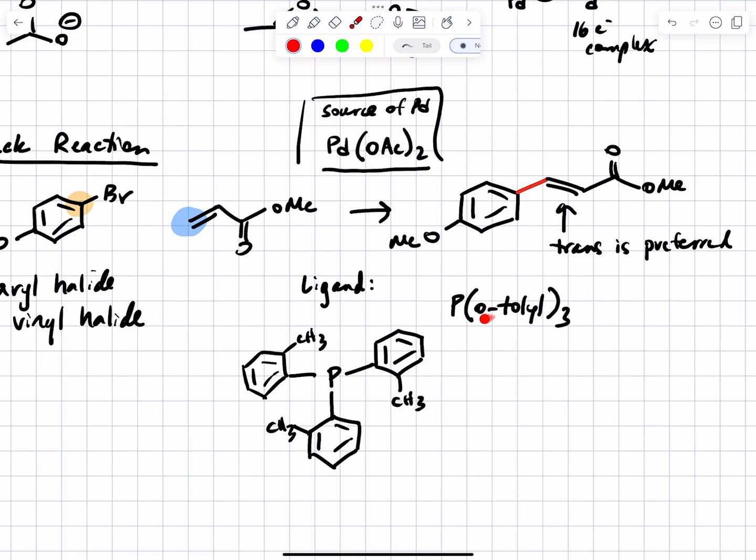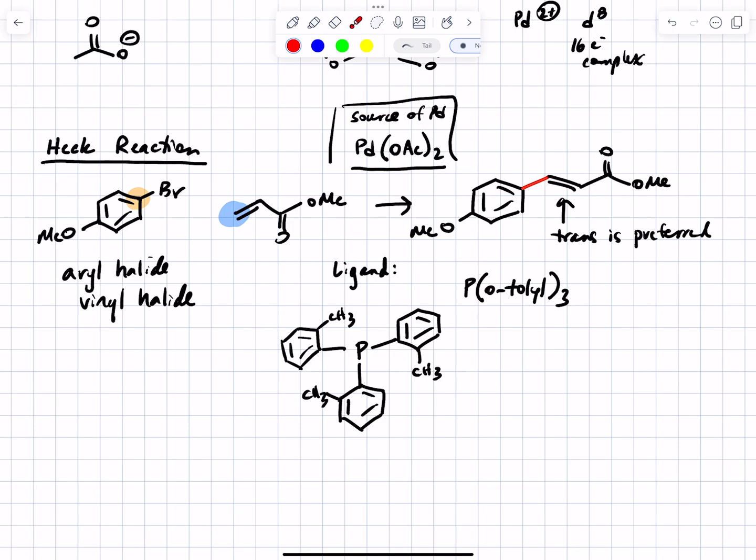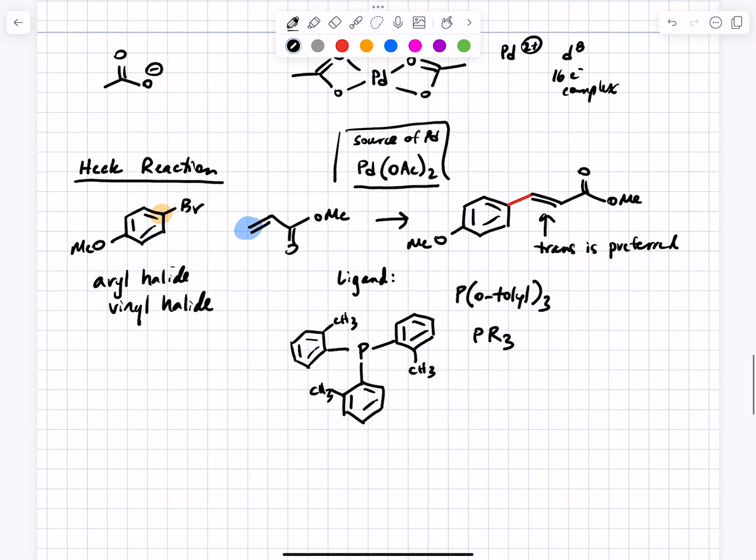The o stands for ortho, and tolyl stands for this group that's toluene, basically. That's what a benzene ring is with the methyl group attached to the phosphorus. So that is the ligand. You are welcome to write it as PR3 and just move on from there. But the identity of the phosphine ligand does influence the reactivity of the catalyst.